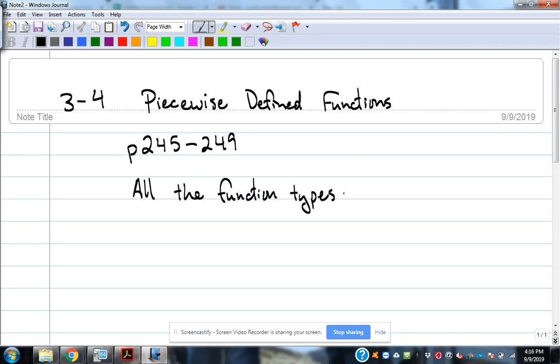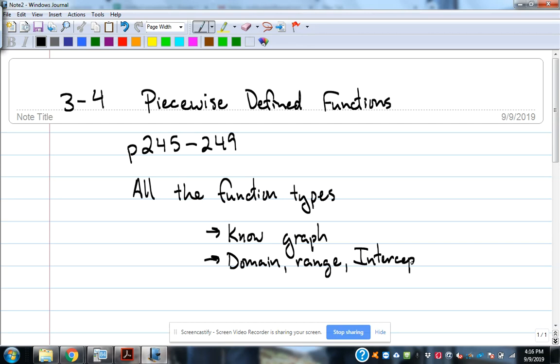The things on the function types that you need to know is know what the graph looks like, the domain, range, and intercepts. A lot of things we talked about already.